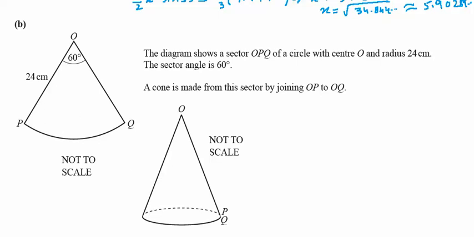So like if we fold this point P, we bring it to this end, we join it to this side, so it will coincide here, P and Q. So then this length, if I mark it with blue color, this arc length will become the circumference of the base of the cone, which is a circle. This blue length is always equal to this blue length. So this concept we'll use in this one. We'll see what is asked in this question.